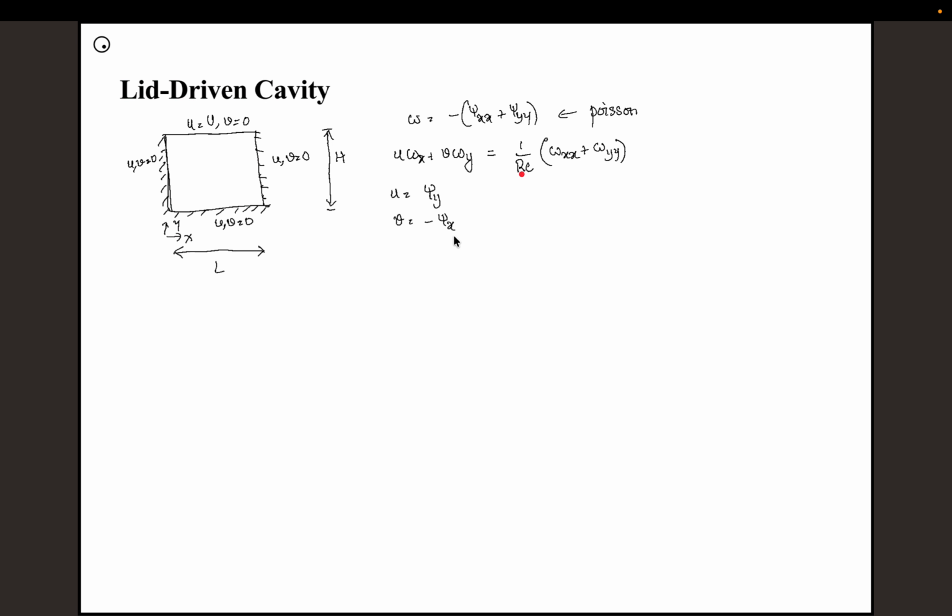When this is non-dimensionalized, we will have u star, which is basically 1 on the top wall, and everywhere else v star is 0. This would be my boundary conditions in the non-dimensional form. This is the one that I will be solving for. So these are my governing equations and the boundary conditions.